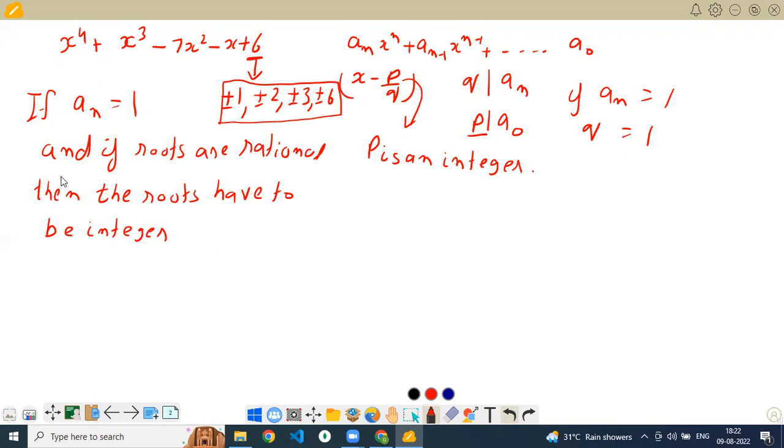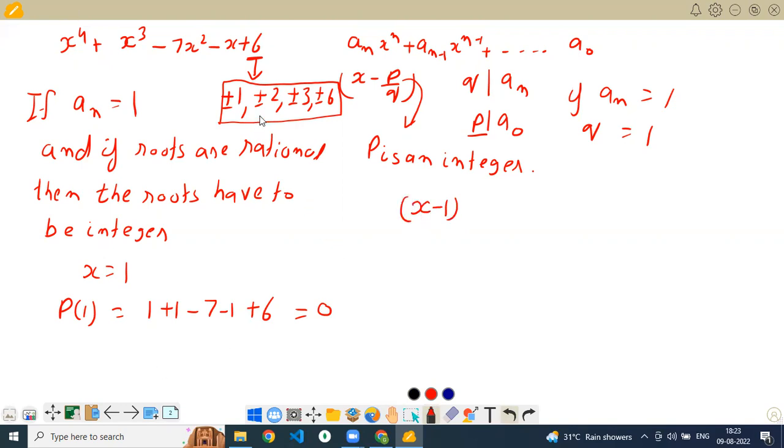So let's put x is equal to 1. And what is p of 1? P of 1 is 1 plus 1 minus 7 minus 1 plus 6. This comes out to be 0. That means x minus 1 is a factor of this.